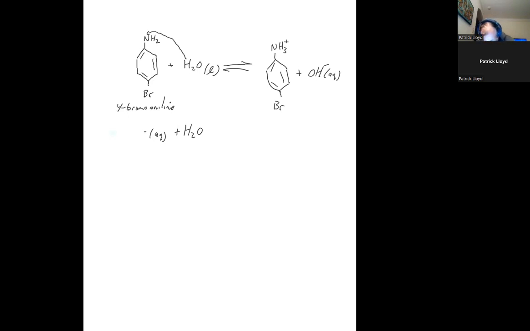Let's do it this way: C6H4NH2Br. See how I'm writing that? So C6, the 6 carbon ring with the 4 hydrogens. Remember, there's a hydrogen coming off each of these carbon atoms. So that's where the H4 is coming from.